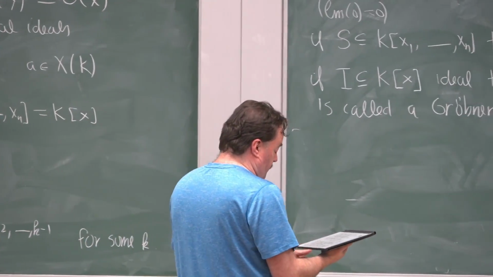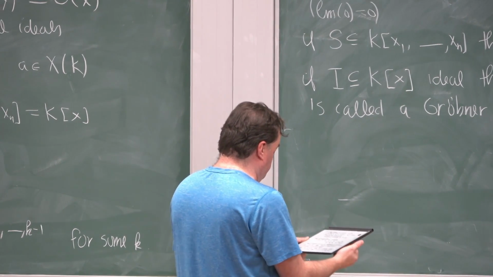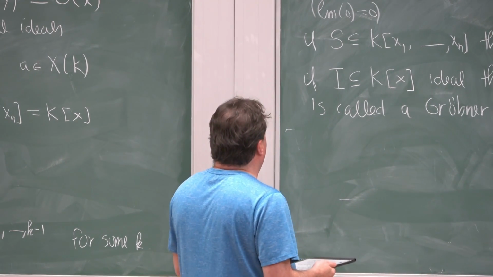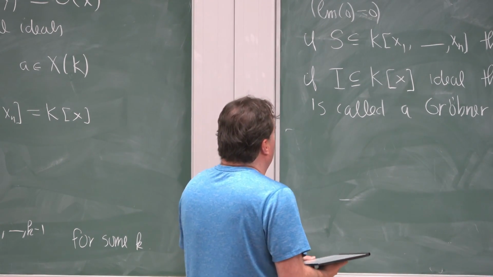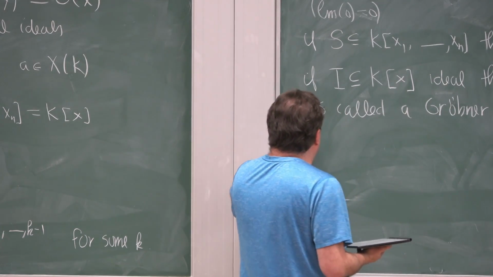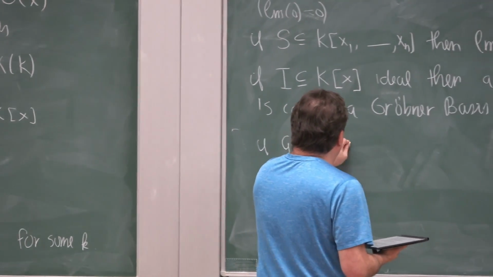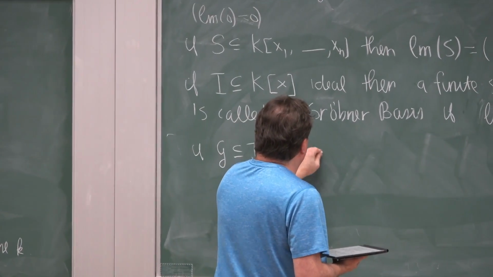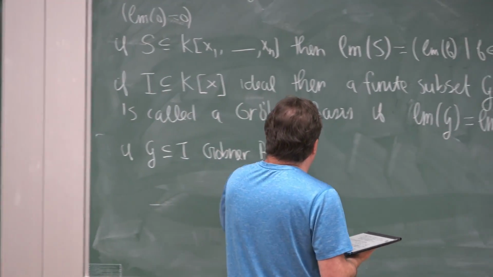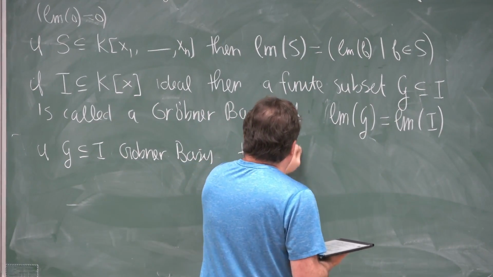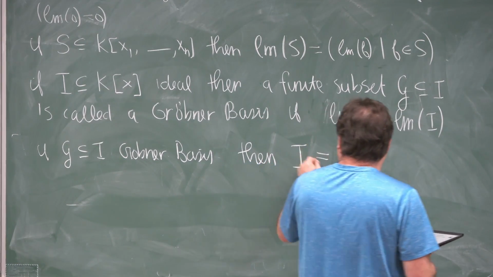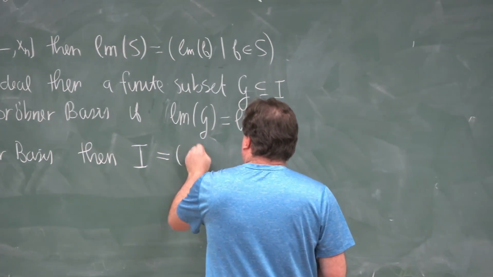So that's a basic algorithm that we will use for our computations in invariant theory. And the thing is that if G is a Gröbner basis, then the ideal is generated by this Gröbner basis.